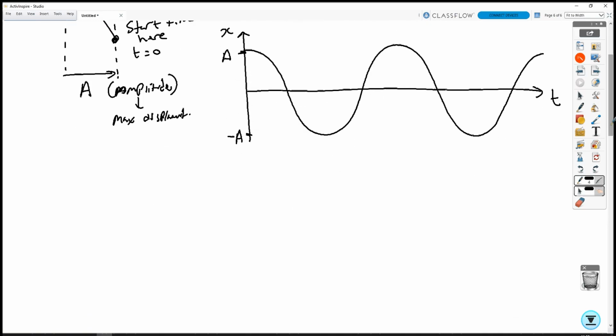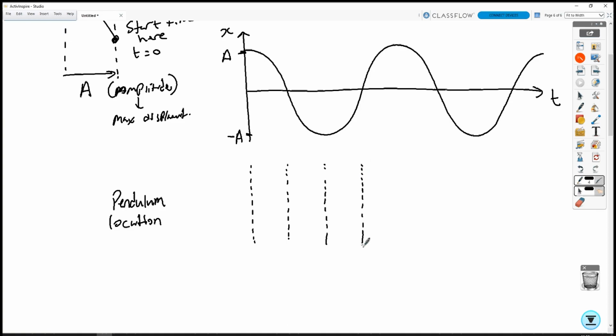Now, in real life, let's look at the pendulum. So I'm going to do a dotted line there, a dotted line there.